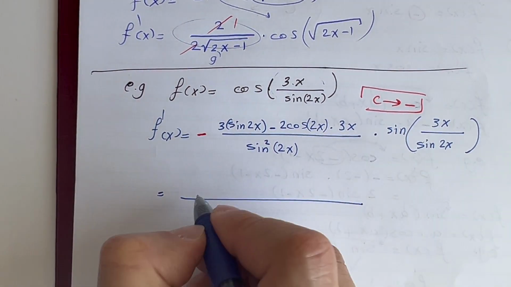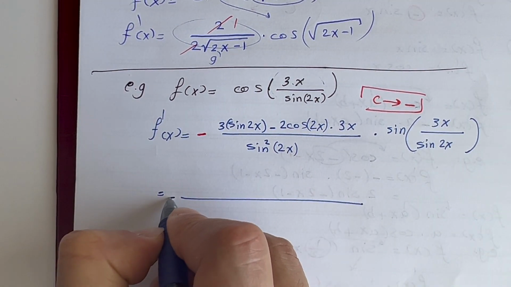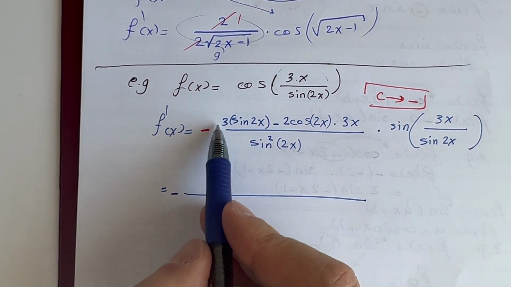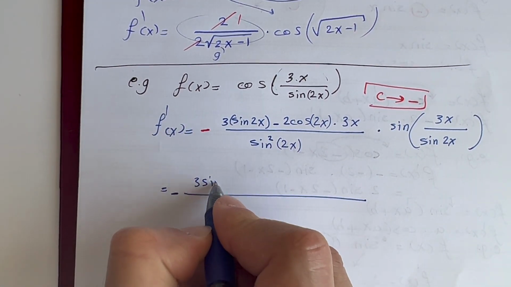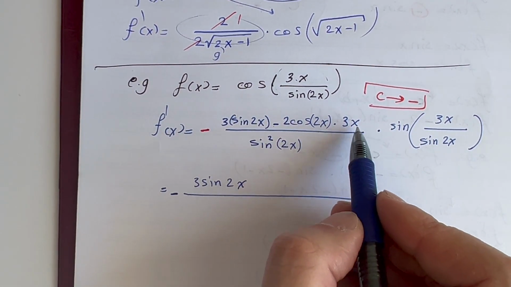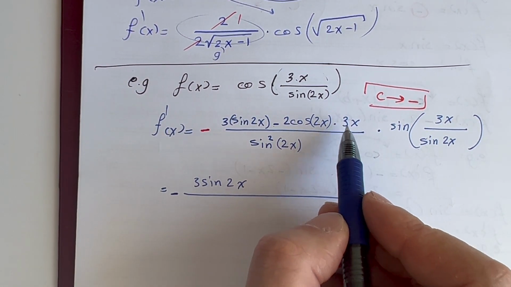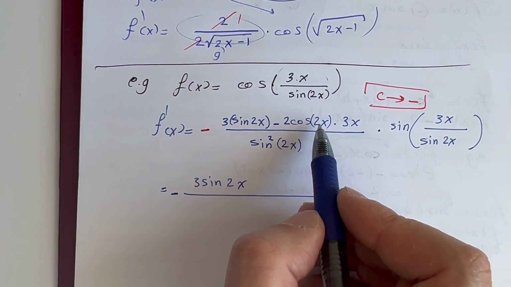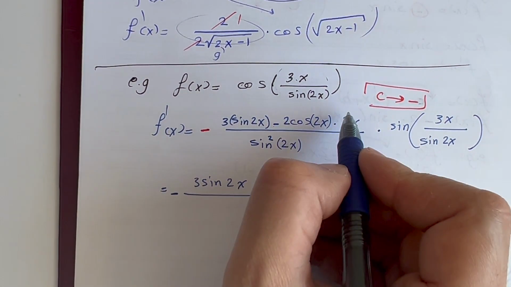Now we do the distributive property. Don't forget the minus here. 3 sine 2x. Now negative 2 cosine 2x times 3x. Don't ever dare multiply 3x by 2x, because this is an angle, it's holy. Don't touch it.